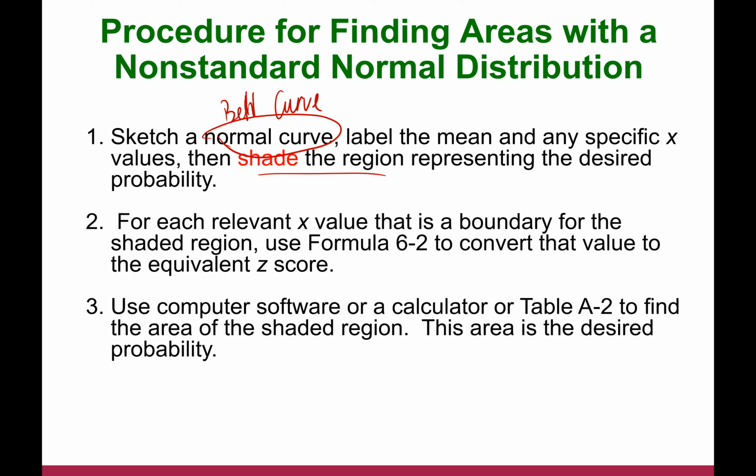Using z-score formula 6-2, convert that value to the equivalent z-score. The z-score is like a tool or bridge connecting a continuous random variable with the probability. You can also use computer software, a calculator, or table A2 to find the area of this shaded region. The area is the desired probability.